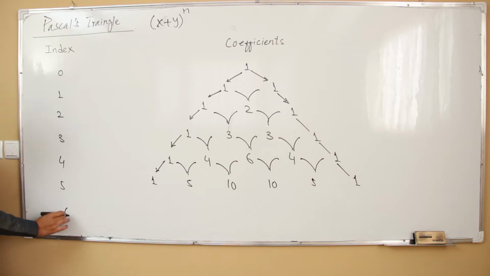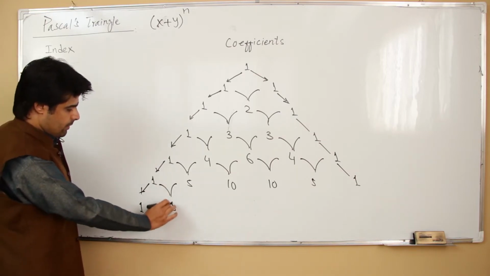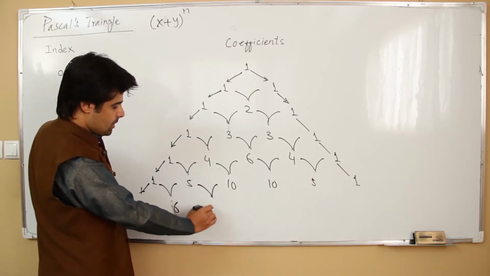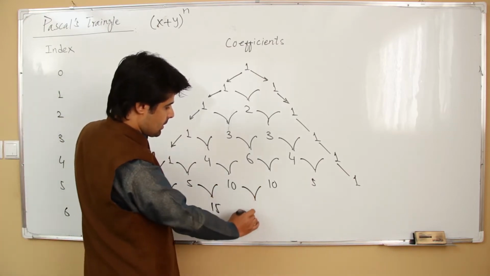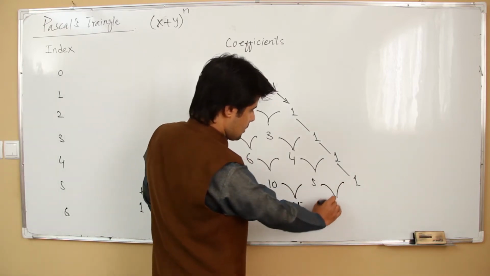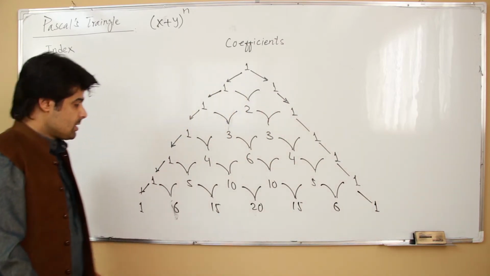If you have 6, now this is 1 with 5, it's 6, 5 plus 10 is 15, 10 plus 10 is 20, 10 with 5, 15, and this one is 6, and this one is 1. What does it mean?